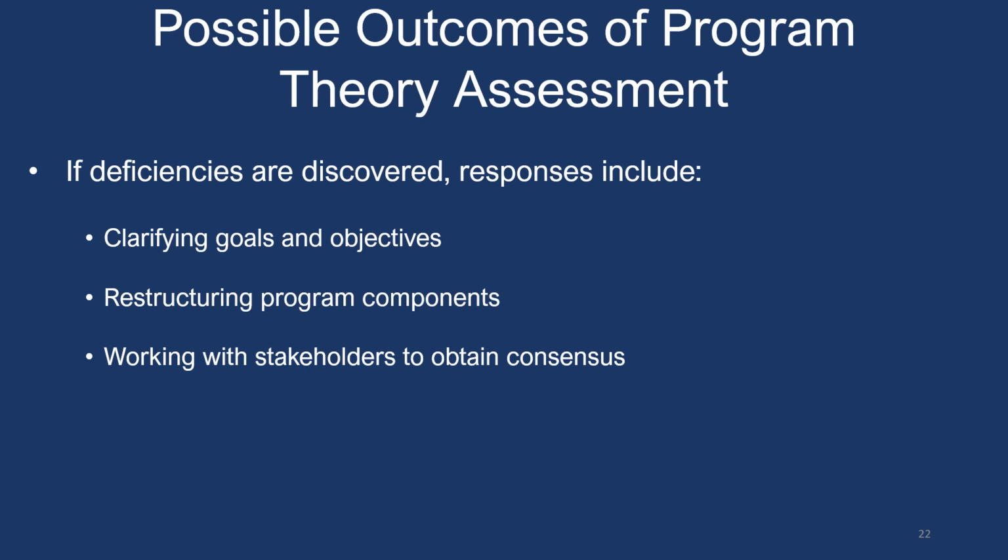Okay, so you've derived your program theory, you've elicited it. Now, potentially, you've assessed it. So what kind of outcomes might you see? It can't be stressed enough just how important a good program theory is.